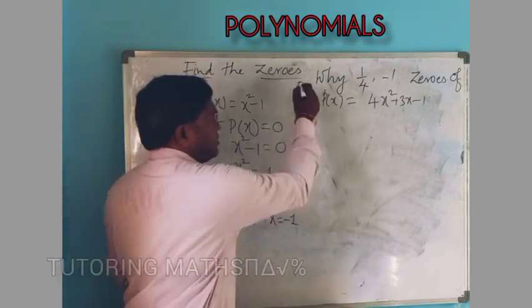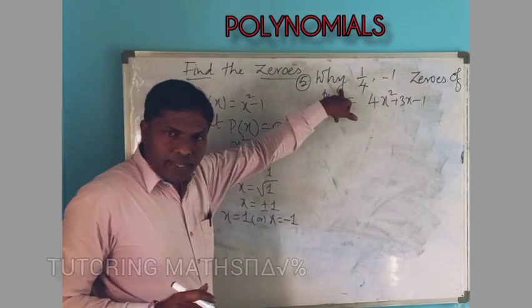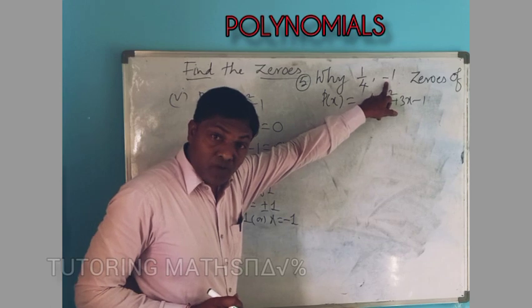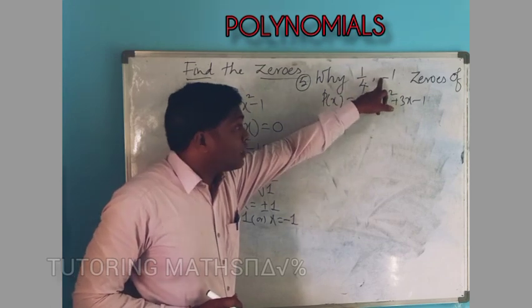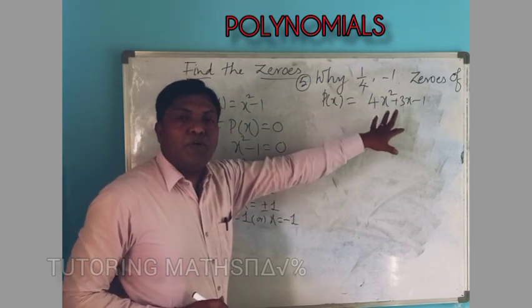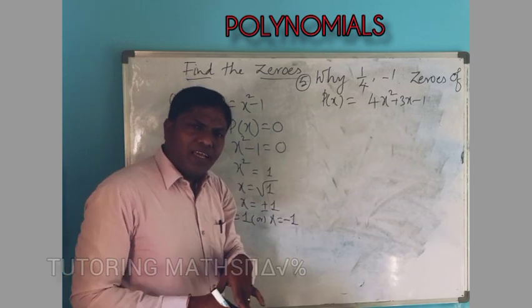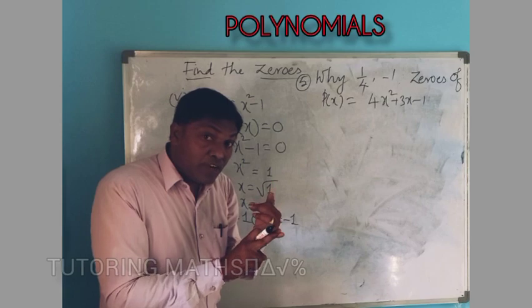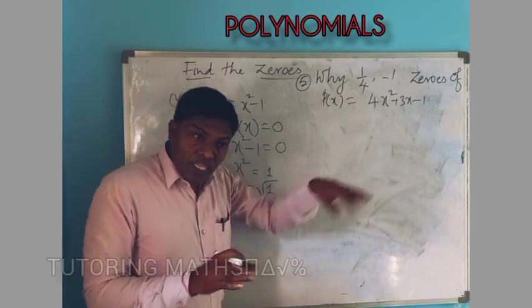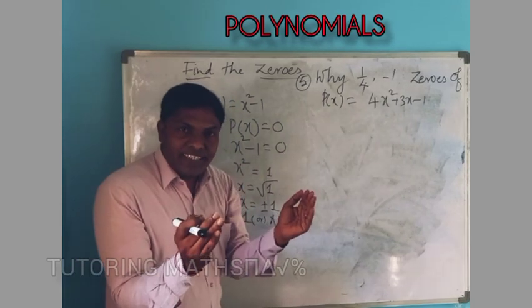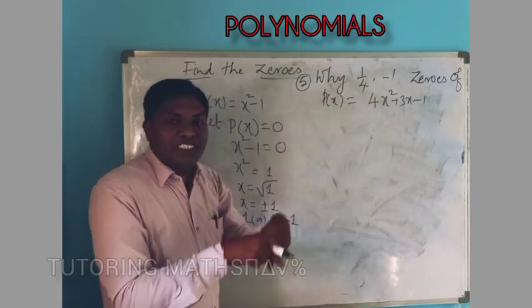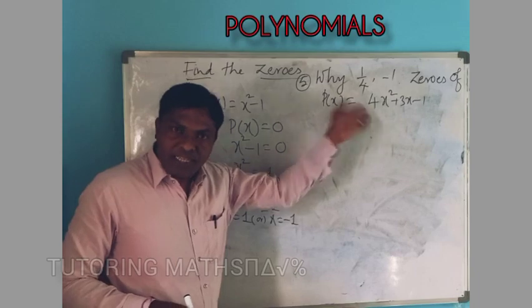And the question is, why are 1 by 4 and minus 1 zeros of this polynomial? Generally, which values are called zeros? When you substitute that particular value in the given polynomial, if you get 0 as the result, then that substituted value is called a zero of that polynomial.